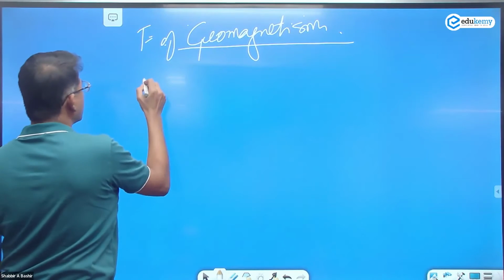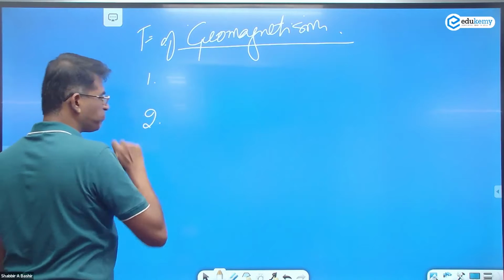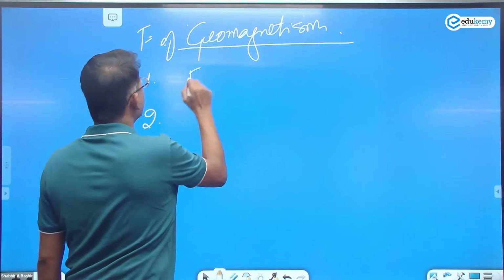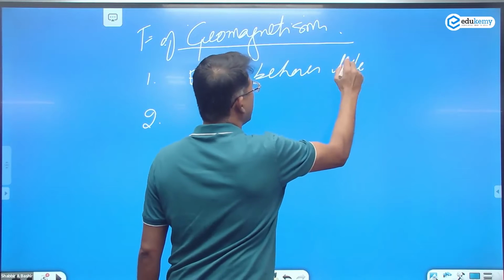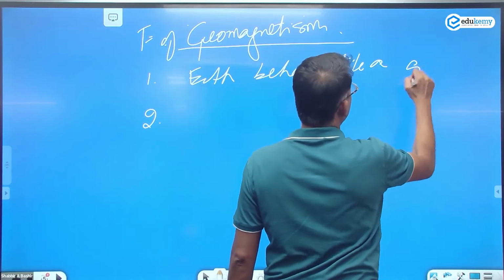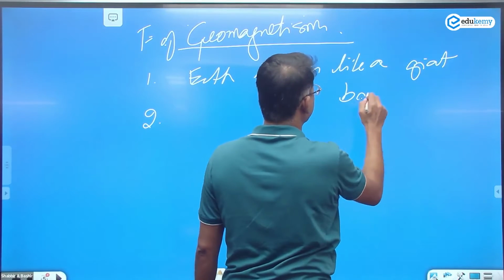So quickly, 1, 2, 3, 4 points. The first point here is that Earth behaves like a giant bar magnet.